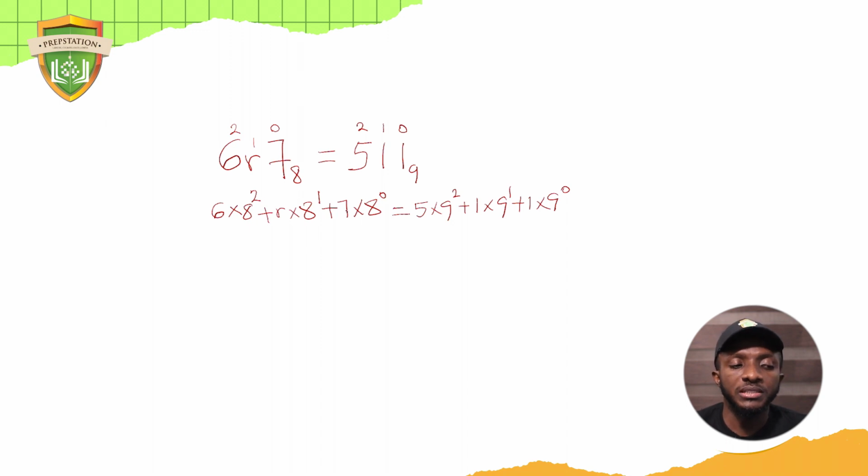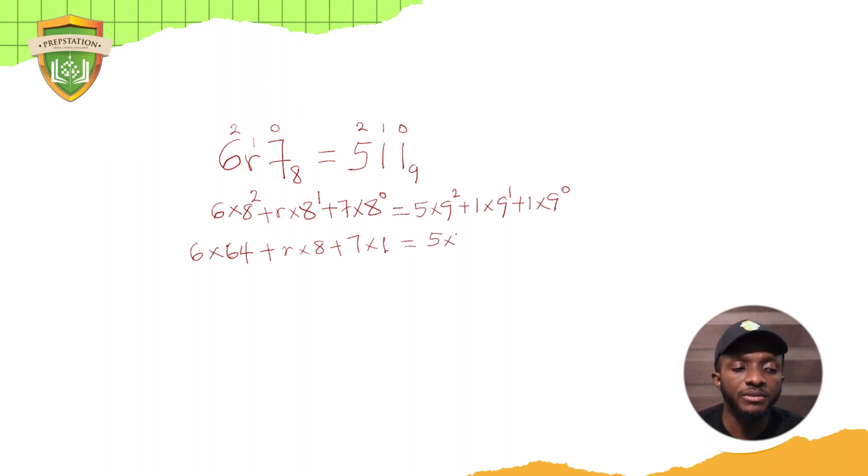When you were taught indices, you were told that any number raised to the power of 0 gives you 1. So this is 6 times 64. 8 raised to the power of 2 is 64. That's 8 times 8. Times r times 8. 8 raised to the power of 1 is 8. 7 times 1. Any number raised to the power of 0 is 1.